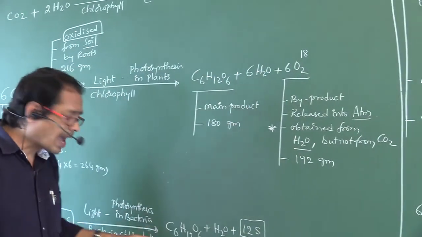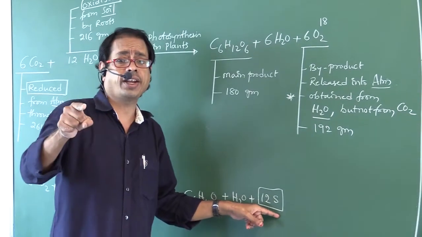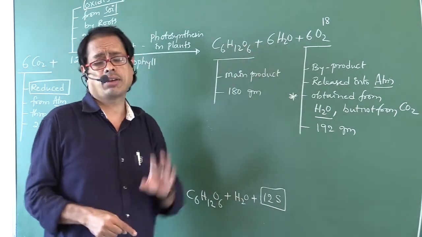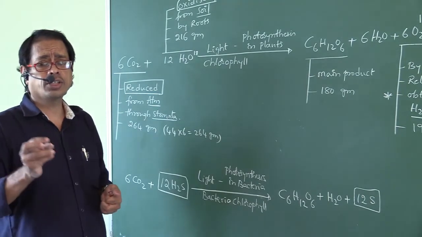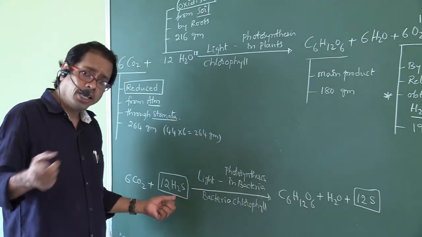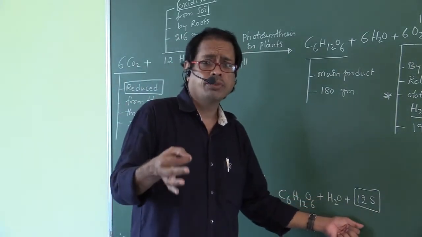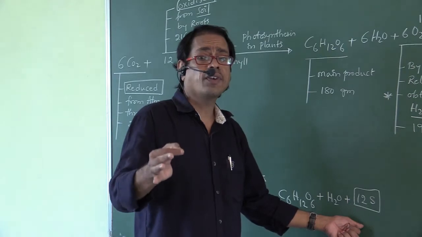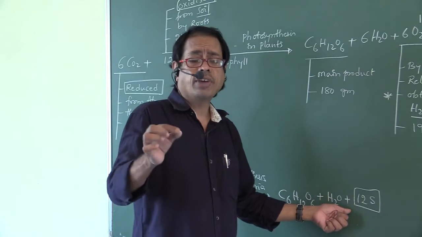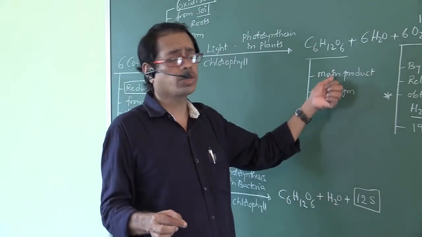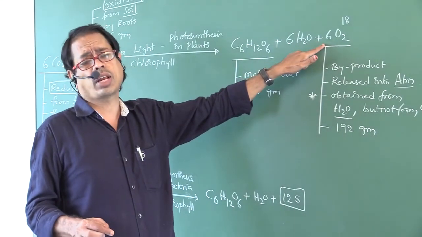Oxygen. In bacterial photosynthesis, sulfur or sulfate is evolved instead of oxygen. How many molecules? 12 molecules. Whereas in plant photosynthesis, 6 oxygen molecules are evolved.